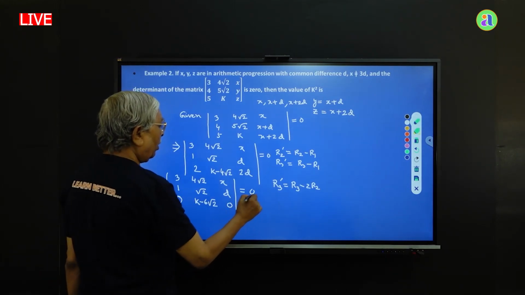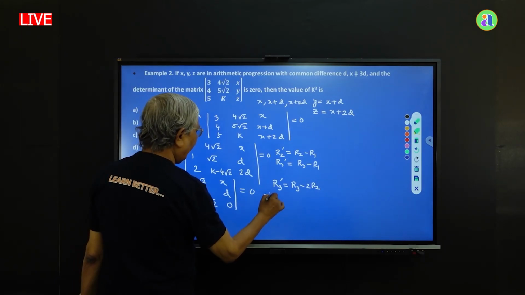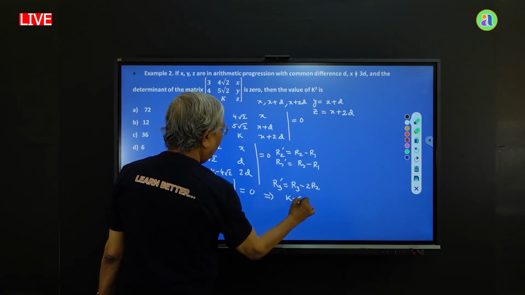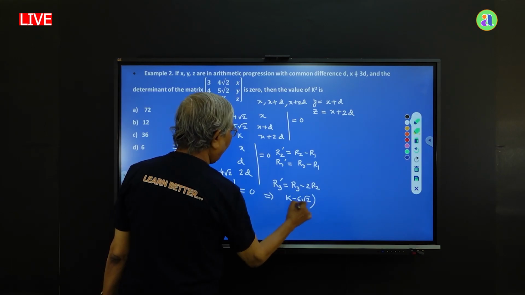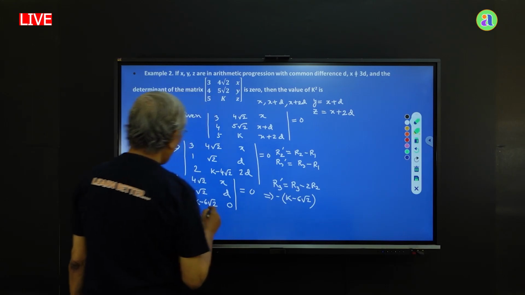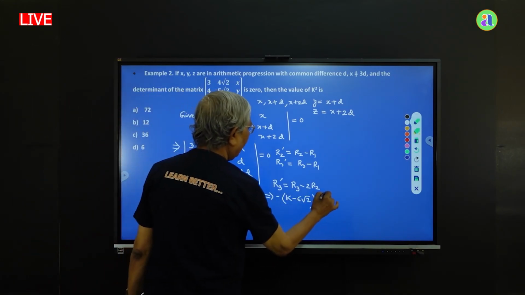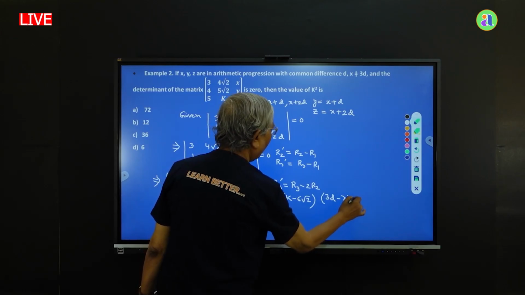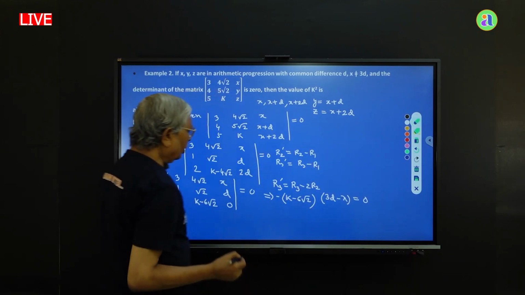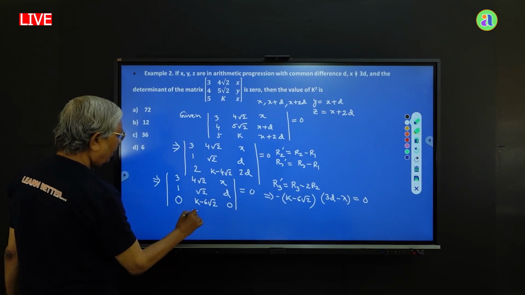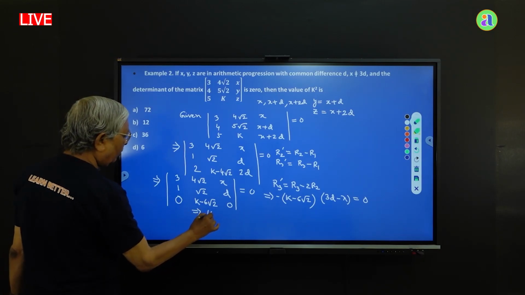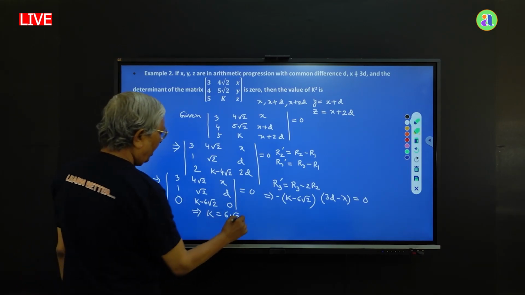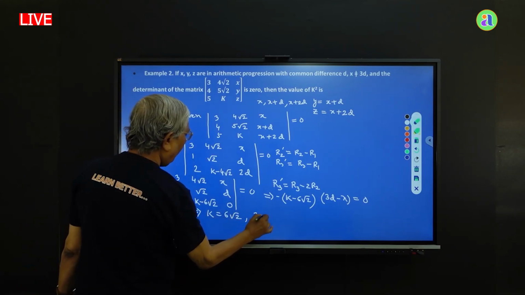So expanding with respect to the third row, what do we get? We get k minus 6 root 2 times, if you expand it, 3d minus x, equals 0. So this will imply k is equal to 6 root 2 or 3d equal to x.